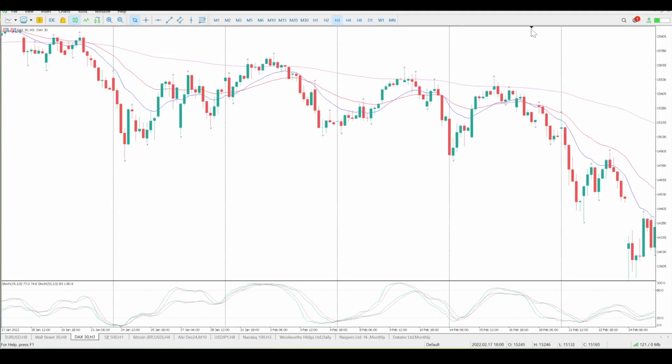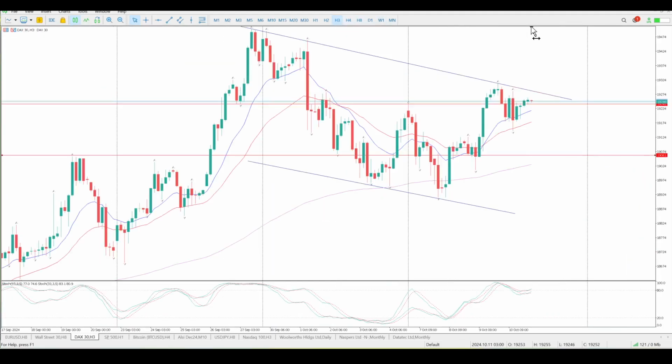Now if you look at the 3 hour, you're going to see this week has been big down, big up, and it looks like a bit of a consolidation here. So my levels stay the same, except there's one more level that starts to come into play now, and that's this one, 19,320.